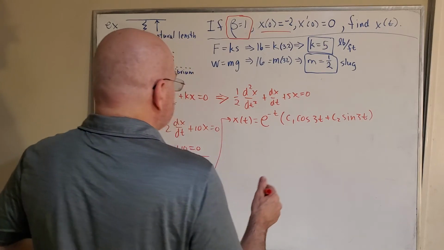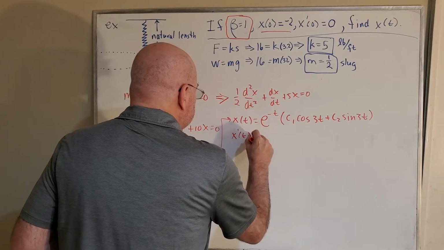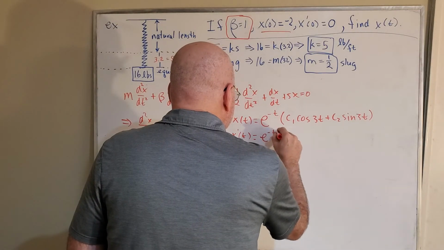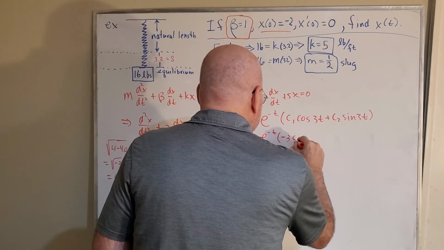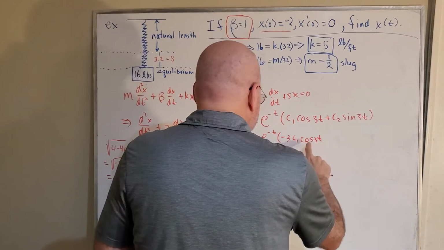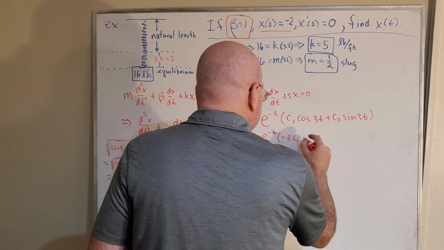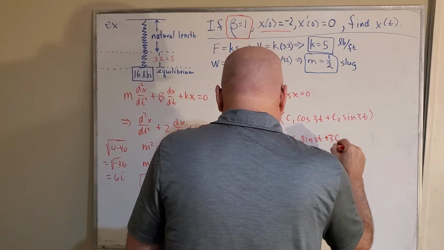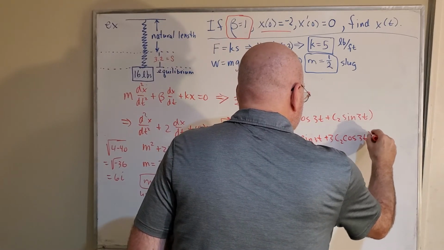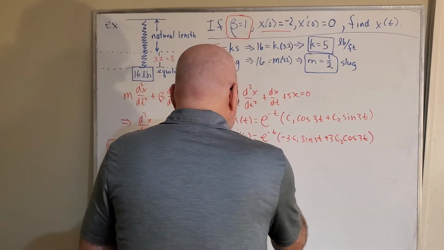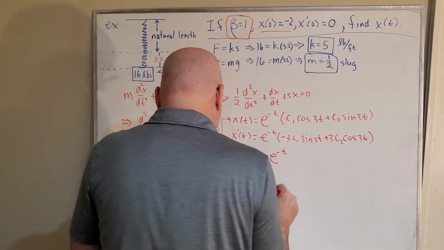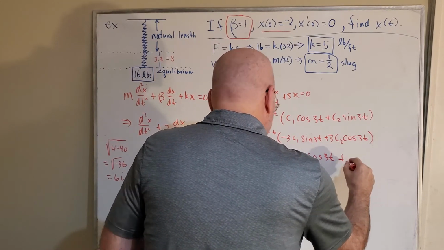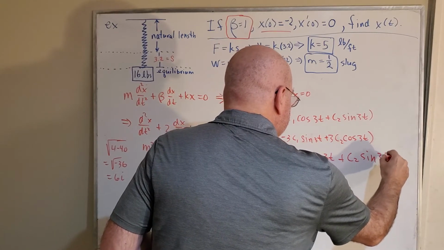Might as well. So let's get x prime of t. I've got that written down as e to the negative t times negative 3c1 cos 3t, oops, that'd be a sine, plus 3c2 cos 3t, minus e to the minus t times c1 cos 3t plus c2 sine 3t.